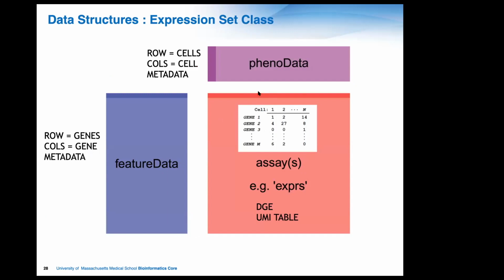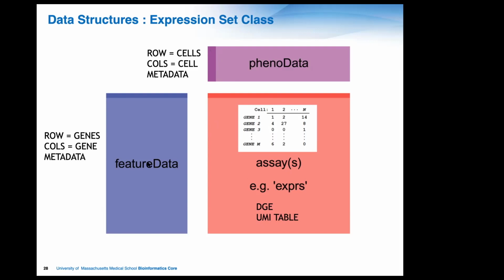So the package we're going to work with today uses the expression set class. Another extremely common one that you probably will come across if you do any single cell data is the Seurat class, where Seurat is another single cell package that's out there. Both Seurat and the expression set class that I'm showing you right now have these exact same data tables in them.